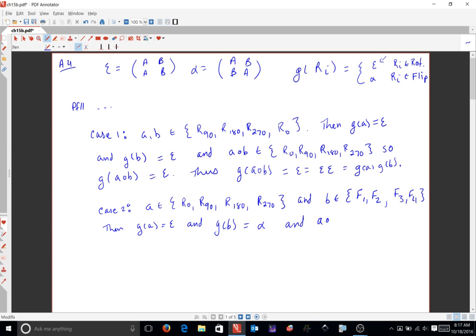And A composed of B, if you do a flip and then rotate it, it changes the sides, so we'll just do G of A composed of B immediately. That interchanges the sides, so that has to leave you with alpha, because the flip gave you an interchange on the sides. So that goes to alpha. Thus, G of A composed of B is equal to alpha.